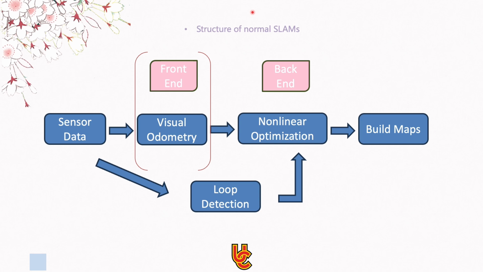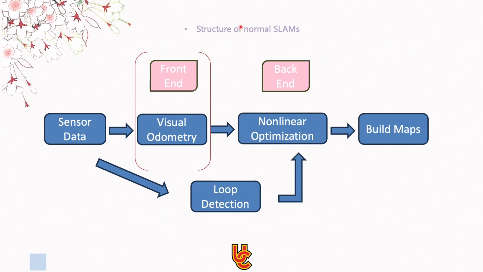So VO is also called the front end. For the back end, the non-linear optimization, it receives the camera poses measured by the visual odometry at different times, as well as the information of loop detection, and optimizes them to obtain globally consistent trajectories and maps. Since it is connected after VO, it's also called the back end.